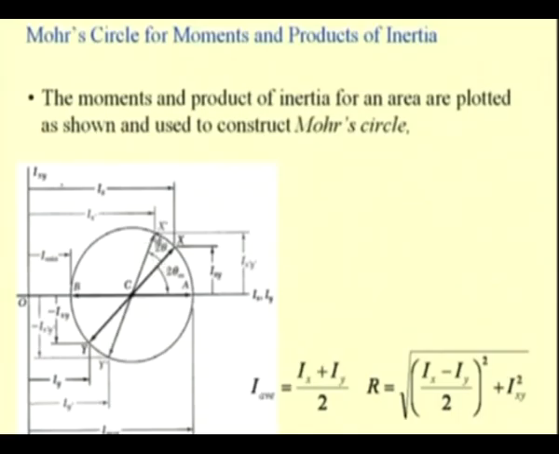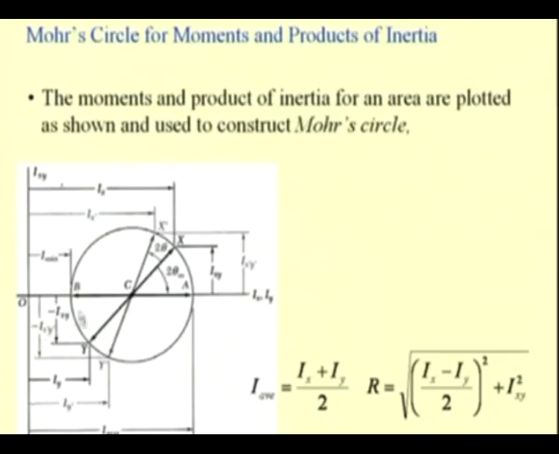These points, X prime and Y prime, correspond to the second moments, that is Ix prime and Iy prime for that axis, and the product of inertia is given by the y coordinate, either this value or this value. So, that is Ix prime y prime.